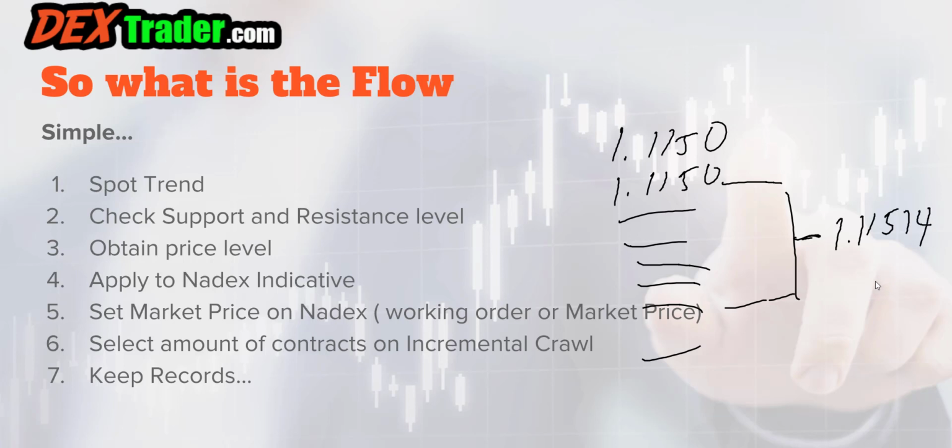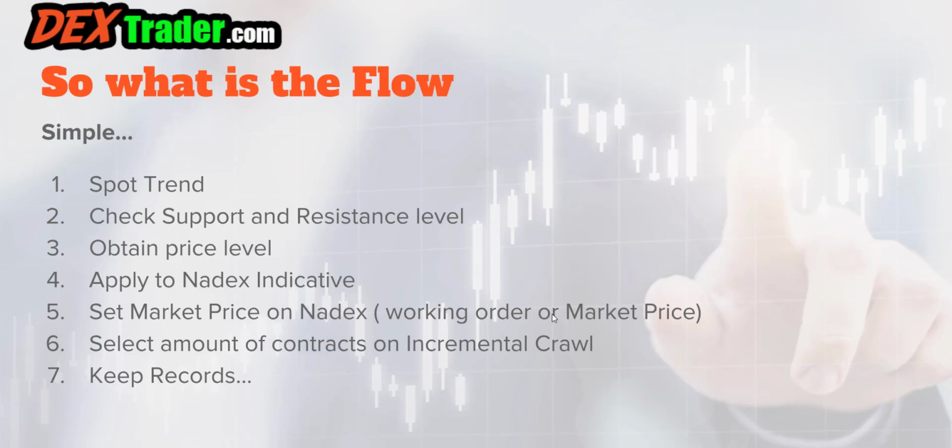Now, we may be sitting here on our WB system, but Nadex uses an indicative pricing format that does just this, so we have to keep that in mind. I know it seems a little bit confusing, but once you get into the system and really start working it, and through the other videos, you'll see what I mean as we build upon this.